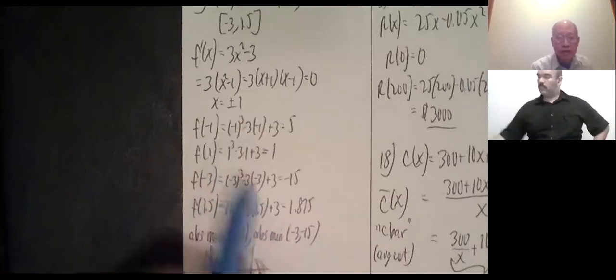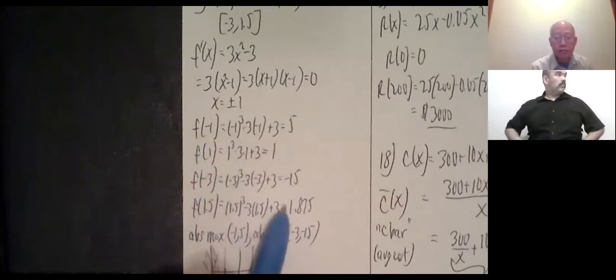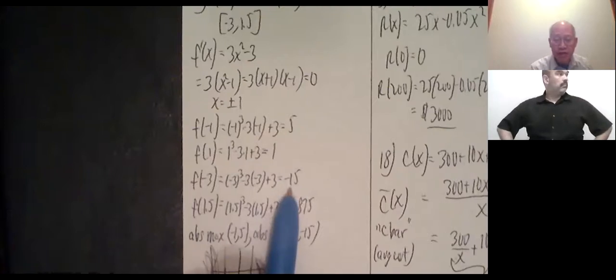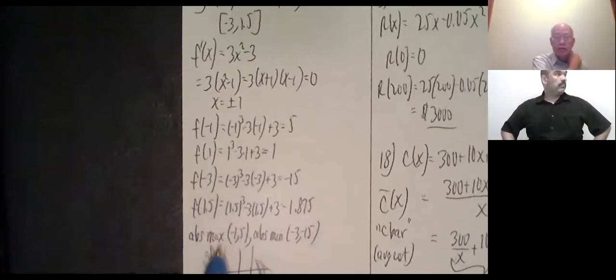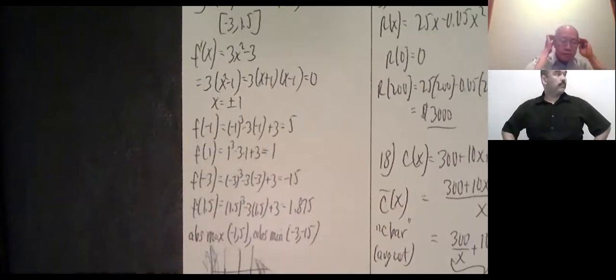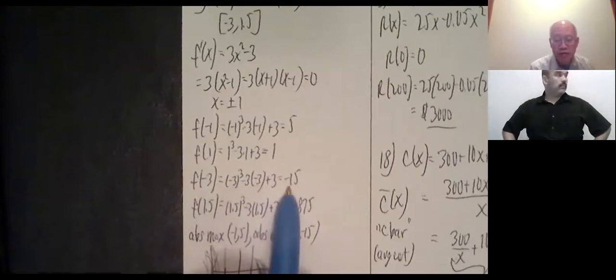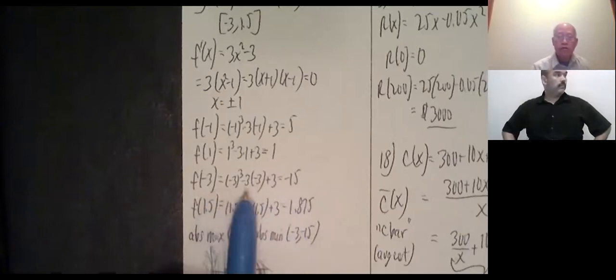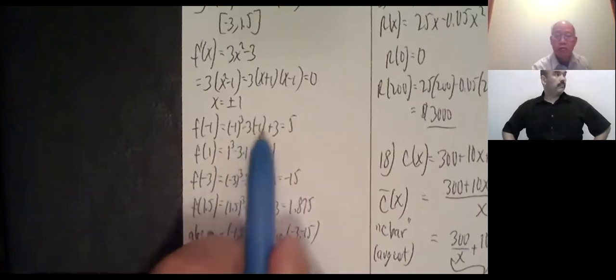Okay, so from this list, just look for the highest and the lowest values. The lowest is negative 15, and the highest is 5. So I'm going to say the absolute max is at negative 1 comma 5, and the absolute minimum is at negative 3 comma negative 15. So one of the answers was a critical number, but one of them was an endpoint.